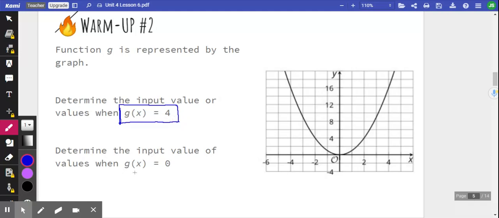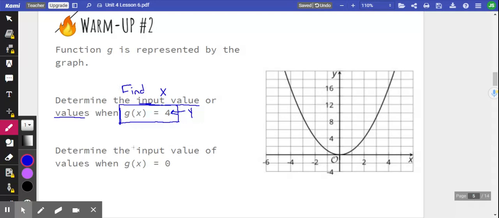Okay, so this looks slightly different than the last one. This time we're looking for the input value or values. There could be more than one. So that's talking about the x, which means that this time, guys, this is a y. So they're giving us the y and we have to find x.